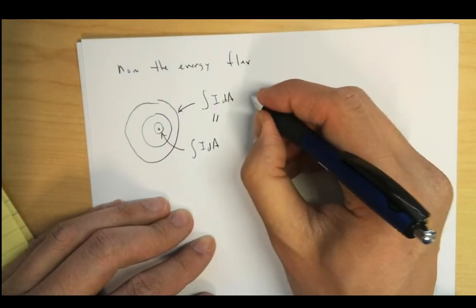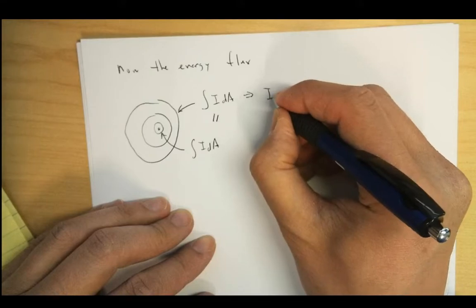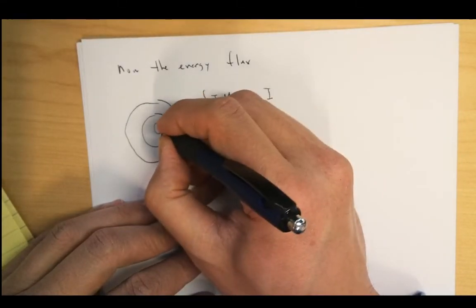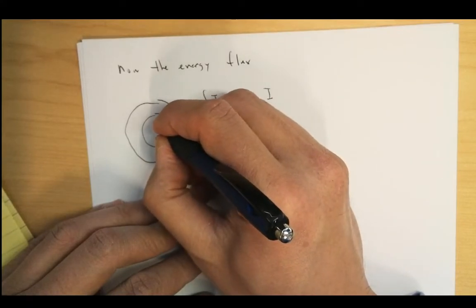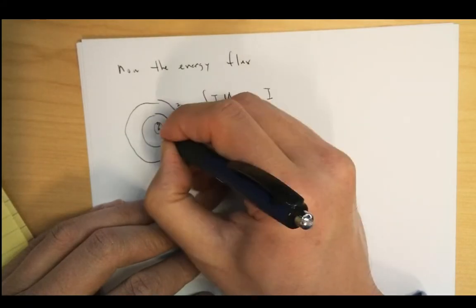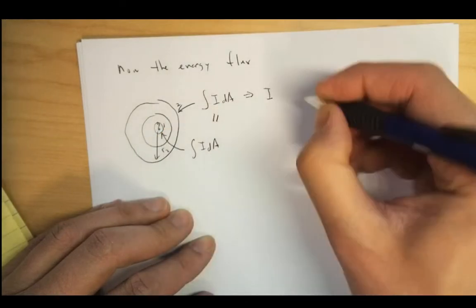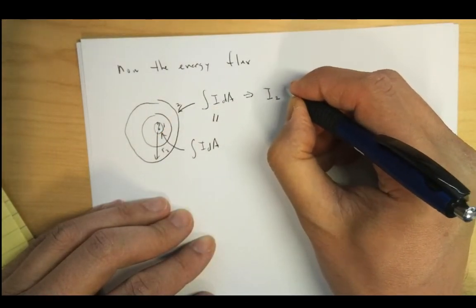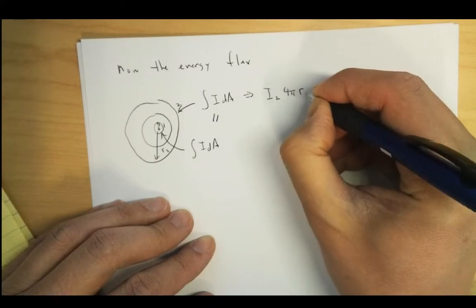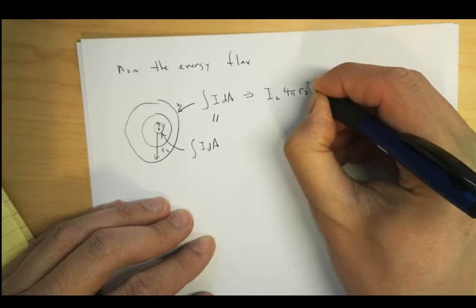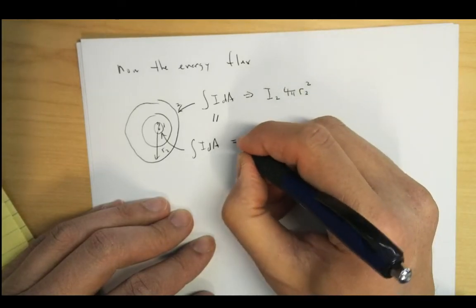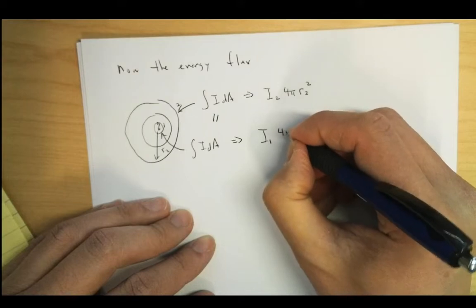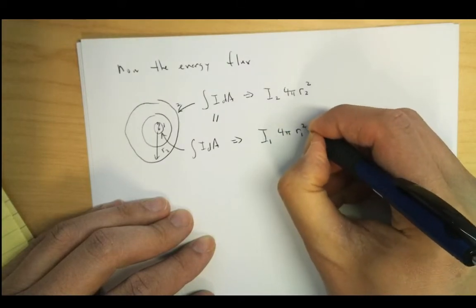So then what I get is I, I'll call this 2, and this is 1, and I'll call this R1, and this one is going to be R2. So I2 times 4 pi R2 squared, and this one is I1, the intensity at position 1, 4 pi R1 squared.